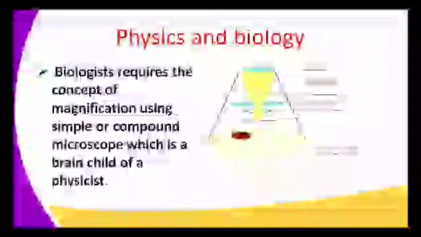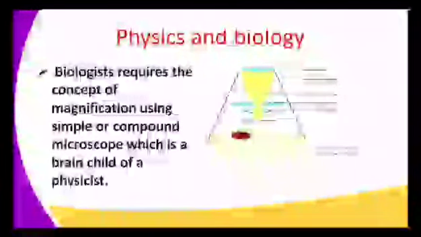Like in this case here, we have a sample of the specimen being observed. Now we have the eyepiece. This eyepiece is made up of a lens. This lens comes from the knowledge of physics. So that specimen that we are observing is magnified, is made to look big because we are able to explain it when we apply physics here. That's how biology and physics relate.